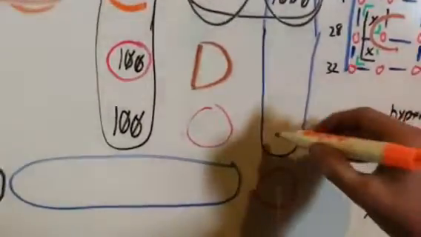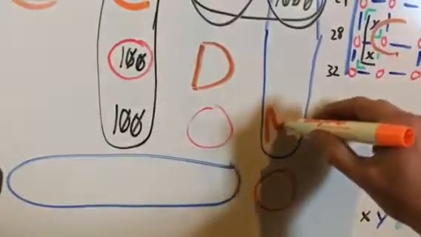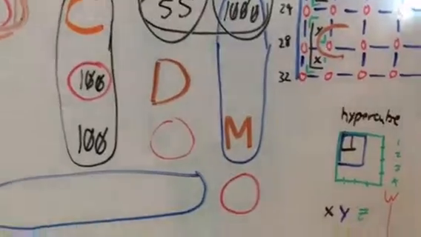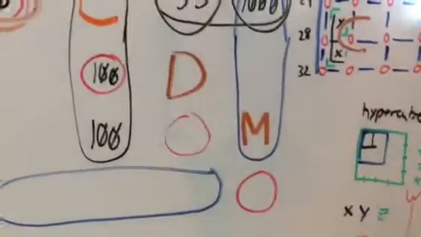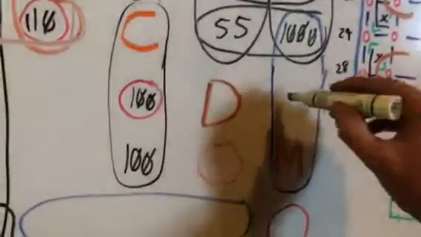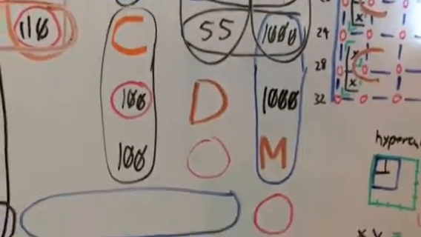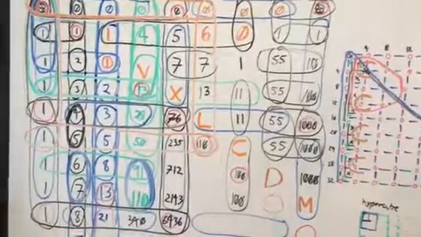Yeah, the last thing I know here is that this has to be an M for 1000, okay? M is the Roman numeral for 1000, which is fitting, obviously, because there is a 1000 all over the place. So that's what it looks like right now.